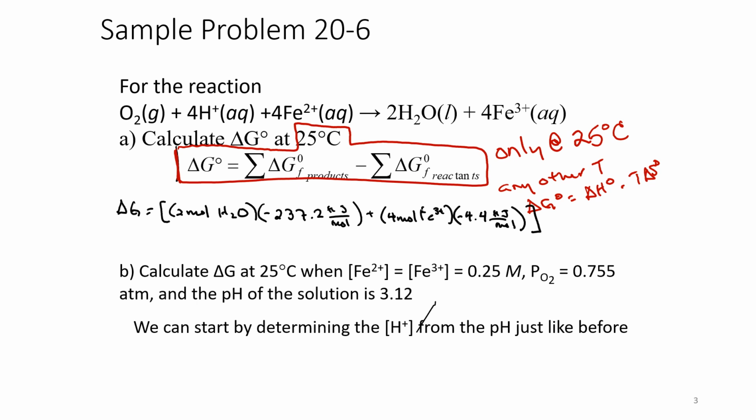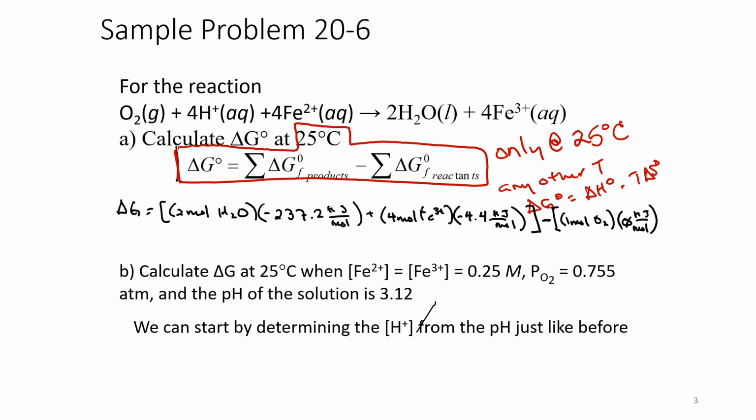I'm going to take all of that and subtract off my reactants. I've got 1 mole of oxygen. That is an element, and for delta G and delta H, elements are 0.